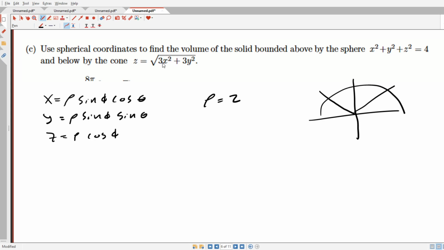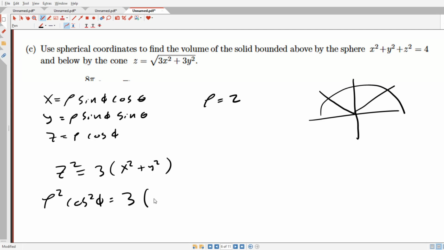Okay, but to do this, we square both sides, and we have z squared equals 3 times x squared plus y squared. I plug everything in, and I have rho squared cosine squared phi equals 3 times rho squared sine squared phi times cosine squared theta plus rho squared sine squared phi sine squared theta.